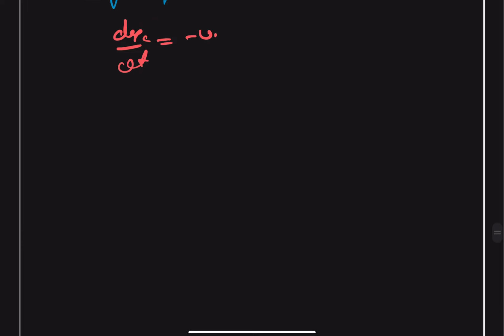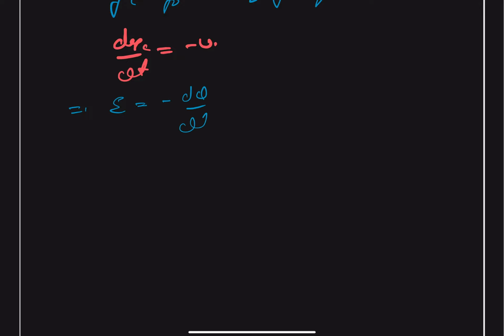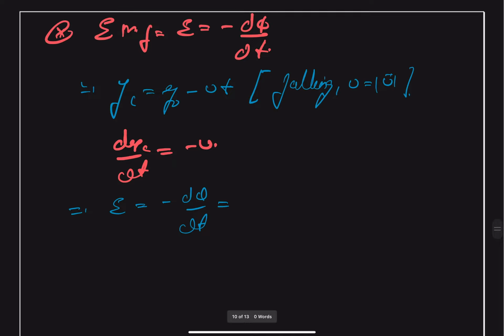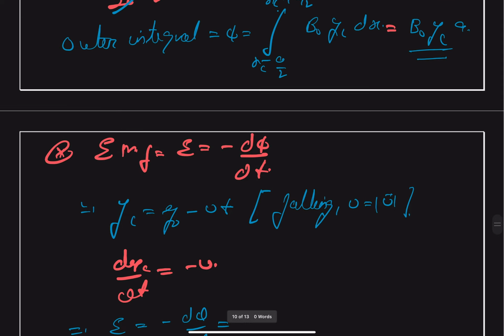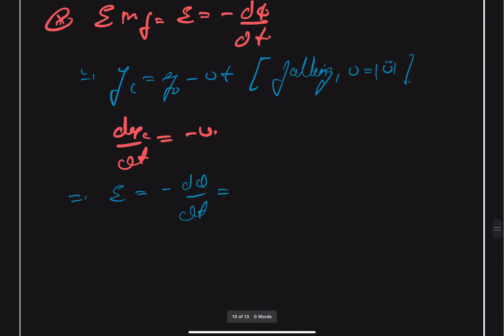Therefore, the induced EMF is equal to minus d phi upon dt. We substitute the value of phi, which is b naught yc a.